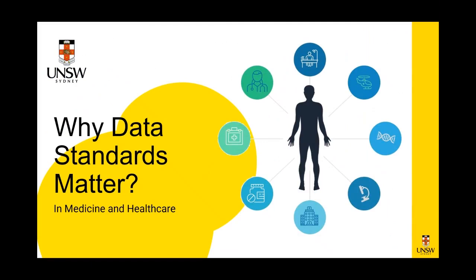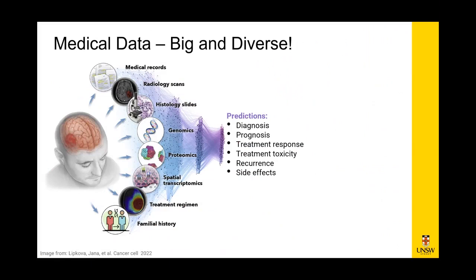So why do data standards matter in medicine and health? One of the main reasons that I would like to focus my talk on today is the big and diverse medical data that we are dealing with. Today, we are collecting data from many different resources, and these data are not only big, they are quite diverse.